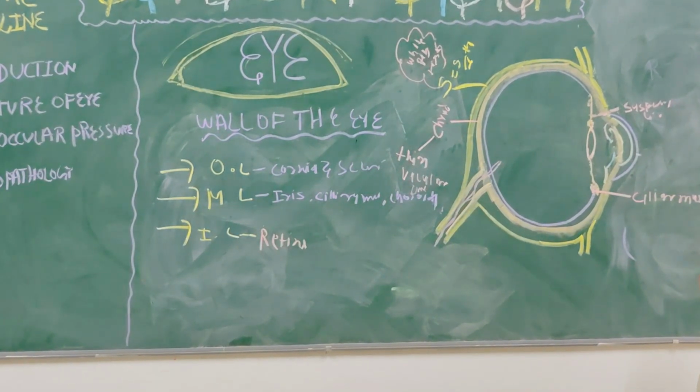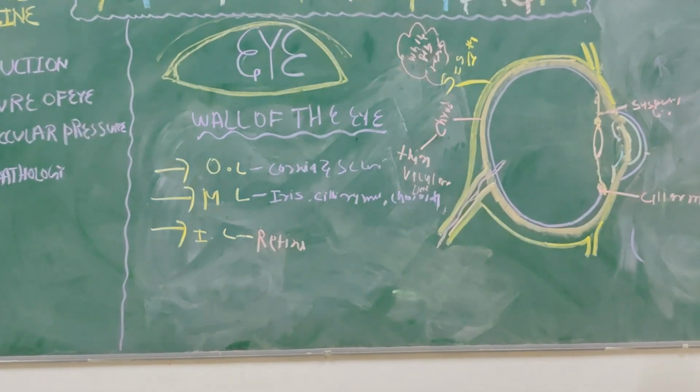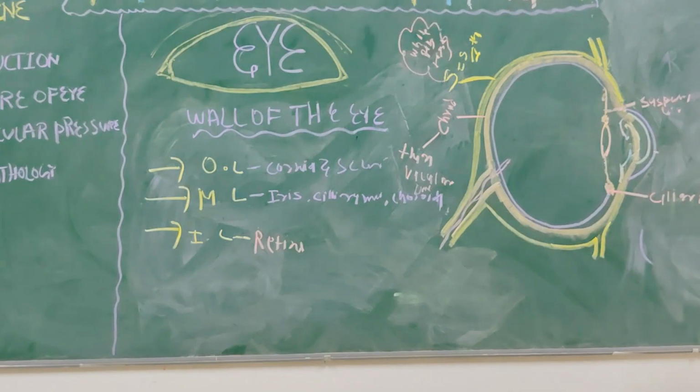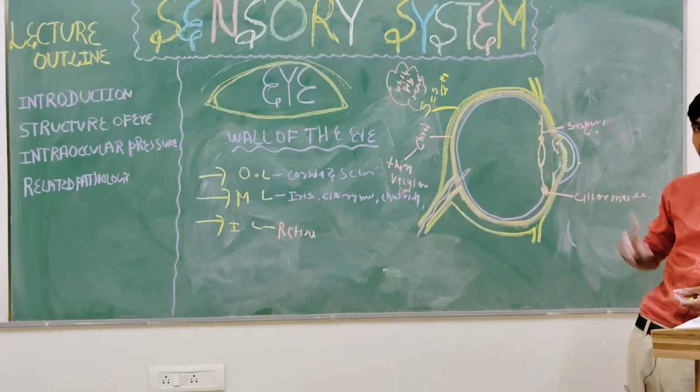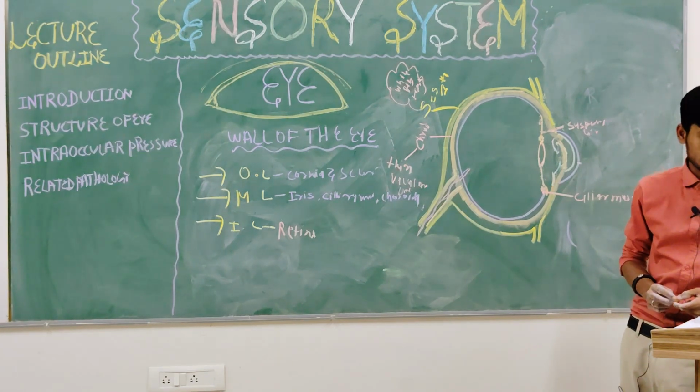Once again, the first is the orbiculus ciliaris, don't confuse it with the orbicularis oculi, which is a muscle of the eyelid. The second is the ciliary body proper, and the third is the ciliary processes.